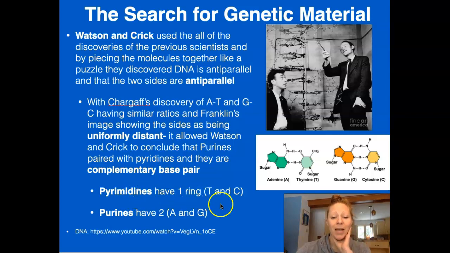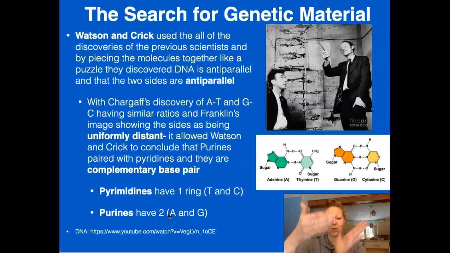So thymine and cytosine are pyrimidines. I remember this because it's a longer word, but a shorter molecule. And that the purine is a shorter word, but it's a longer molecule because it has two rings. And so a pyrimidine is always paired with a purine. And so that's going to add one ring to two rings, so it's going to have a uniform three rings down the entire structure.